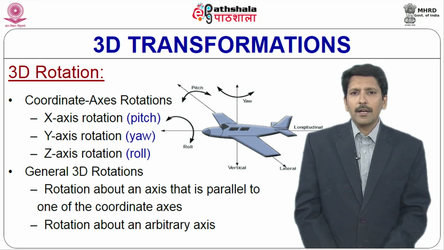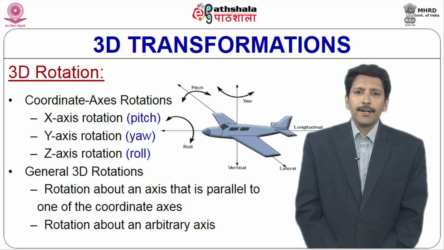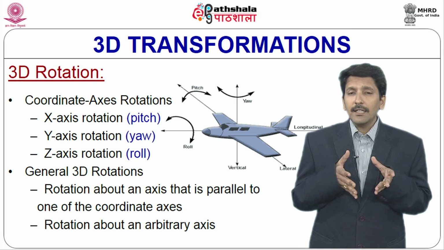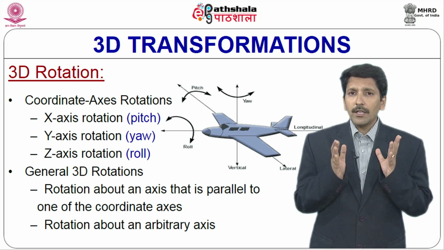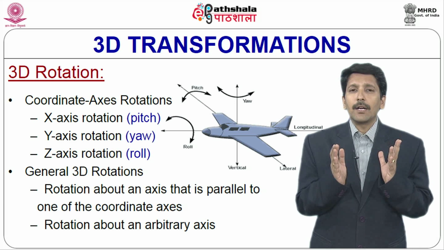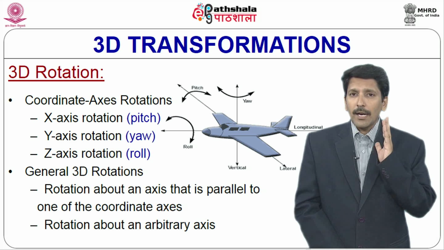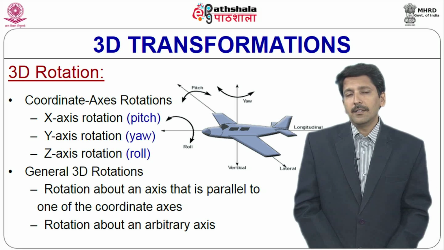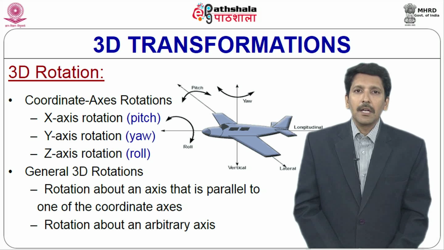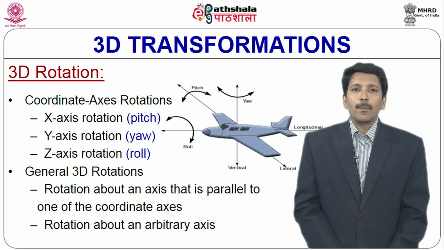The convention is such that when you are watching the object getting rotated in anti-clockwise direction about an axis, and you are looking along the negative direction of that particular axis, that is the positive rotation.